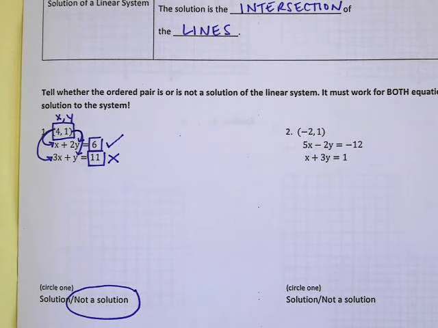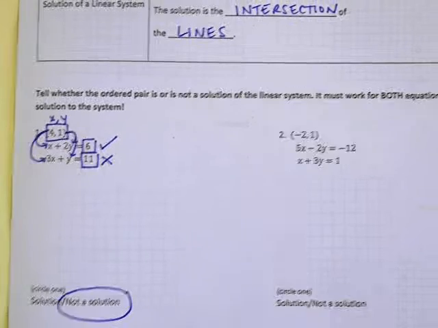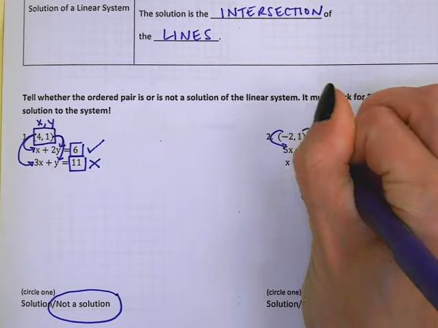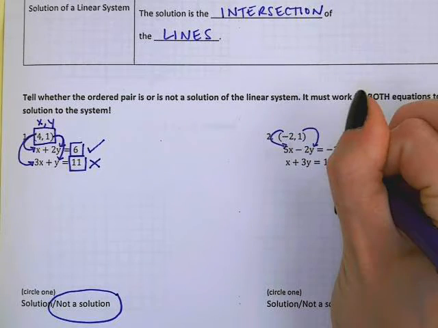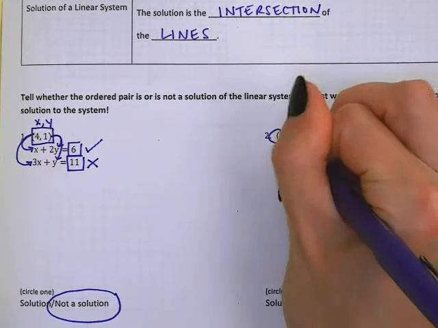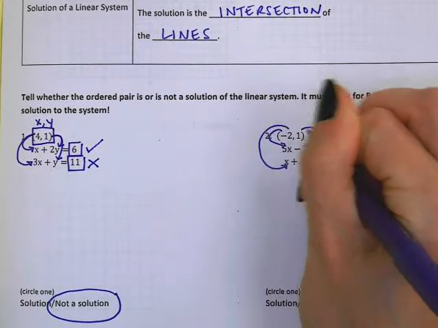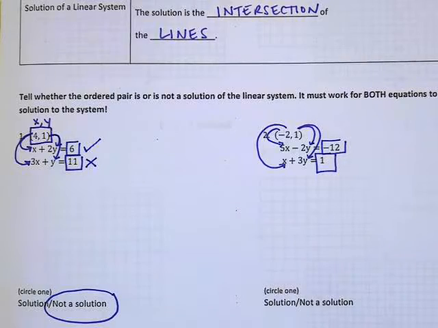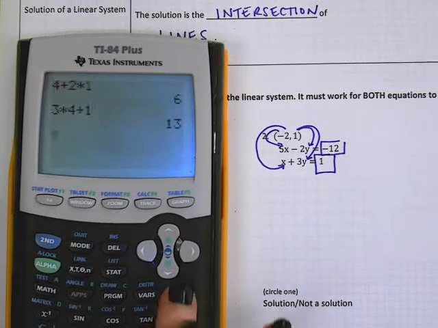All right. I'll do number 2 as well if you guys want. So we plug in -2 for x and 1 for y, and we see if it equals -12. And then we plug in -2 for x and 1 for y here, and we see if it equals 1. All right, so let's do it.